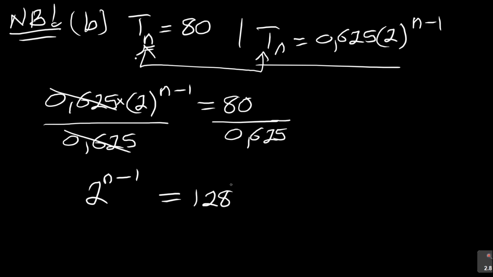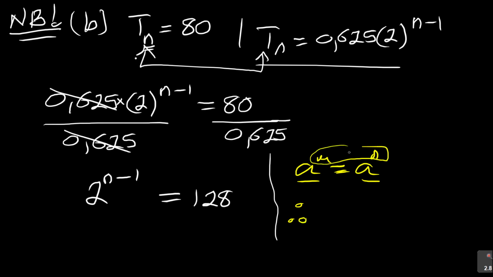128. So what you do, you come back to the laws of exponents. Remember the law which says if a to the power m is equal to a to the power n, whereby the bases are the same, there is an equal sign, you can say therefore equate those exponents.